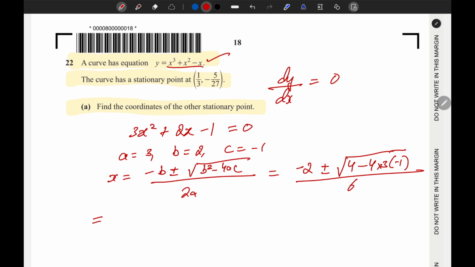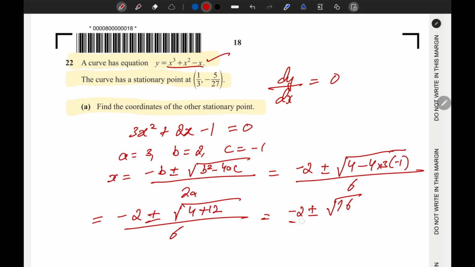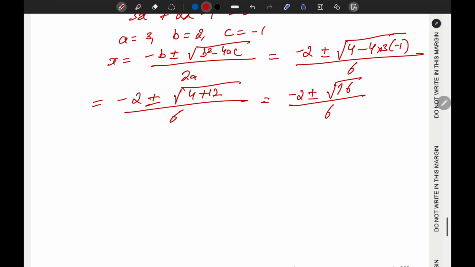So this will be minus 2 plus minus the square root of 4 plus 12 by 6, which is minus 2 plus minus the square root of 16 by 6. Now we can write this as minus 2 plus minus 4 by 6.